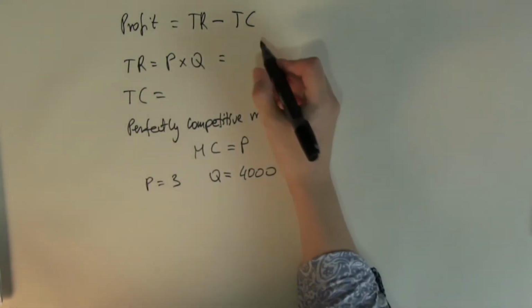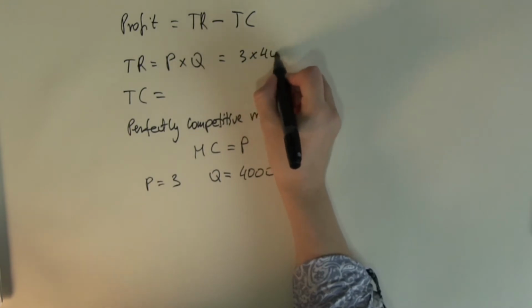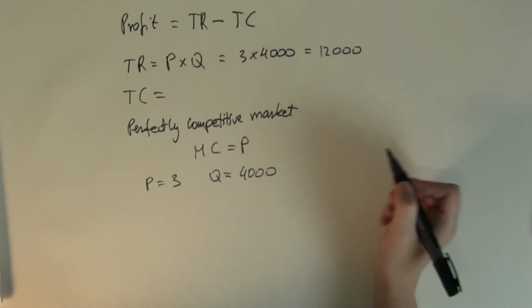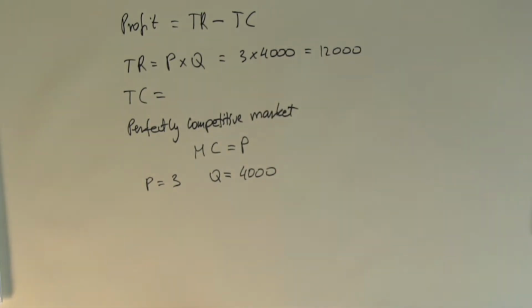So the total revenue will be 3 times the 4,000, which is altogether $12,000. Now that's half the solution, but I still need the total cost. Now the total cost can be calculated in many different ways, but one way that we can use in this particular case, that is exploiting the definition of the average total cost.